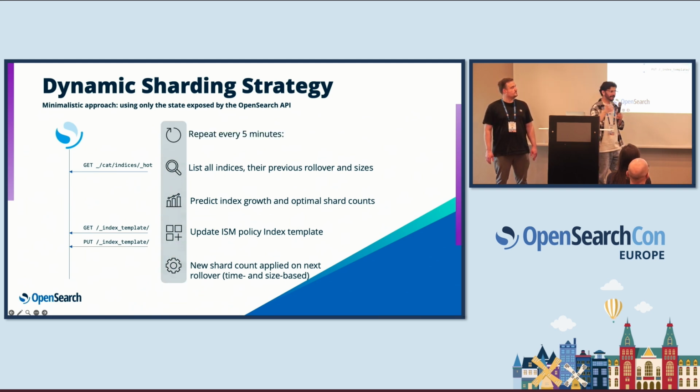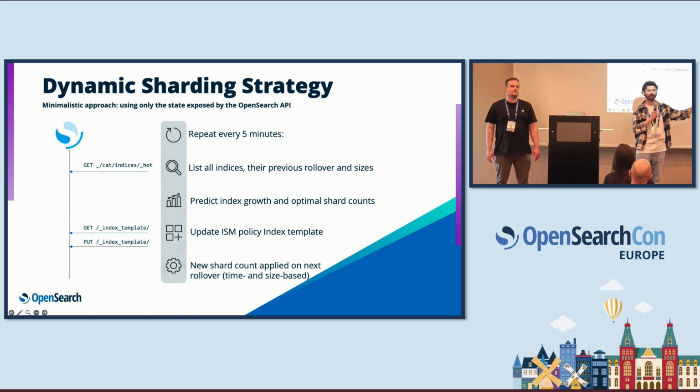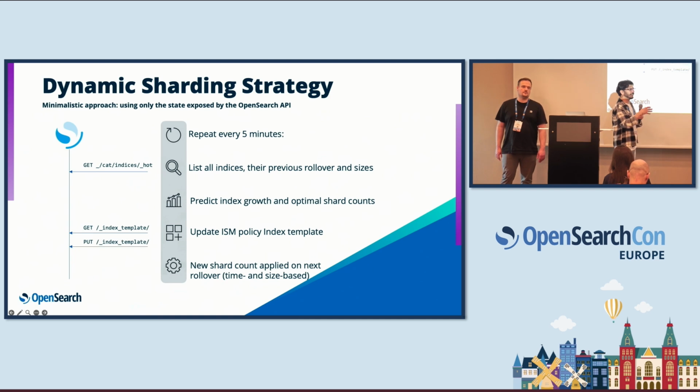All this prediction logic that you would write is going to exist outside of OpenSearch. Let's say you run a Lambda or a batch job if you're running self-managed. Identifying all those things is pretty simple because it's just using cat indices. Nothing fancy. It's just that you have to have some calculations, which will come later.